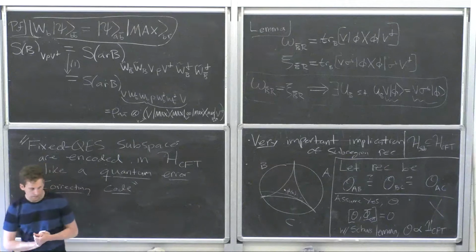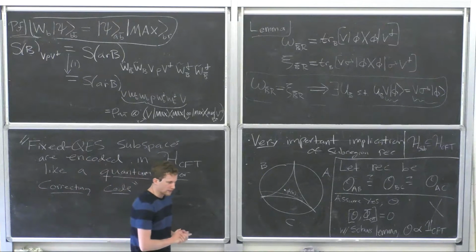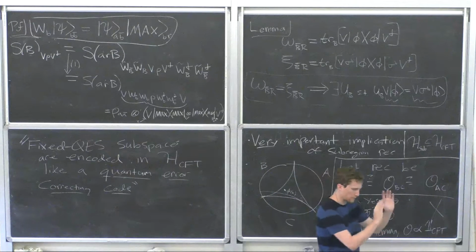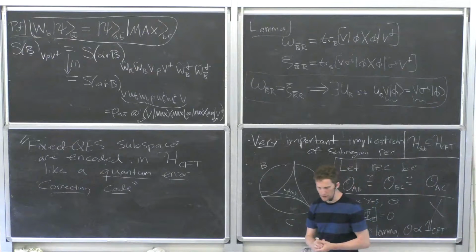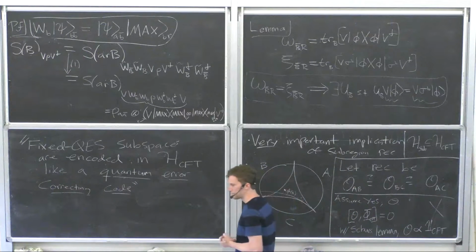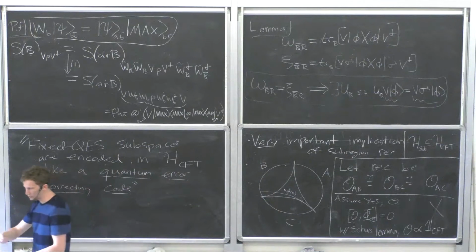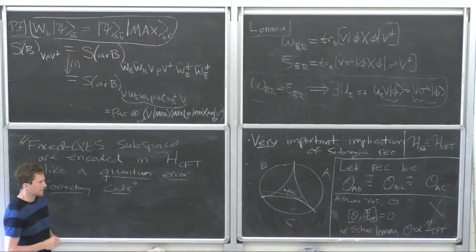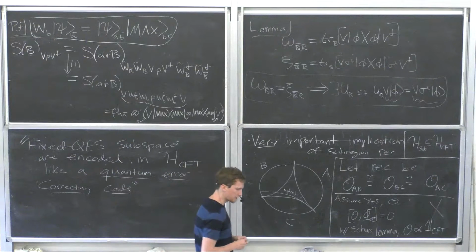And you can ask, if I have some general black hole state, maybe a black hole I formed from collapsing a star, at some state in this large Hilbert space, and I want to talk about reconstructing operators on that black hole because I'm interested in understanding black holes, can I do this all within some fixed QES subspace?